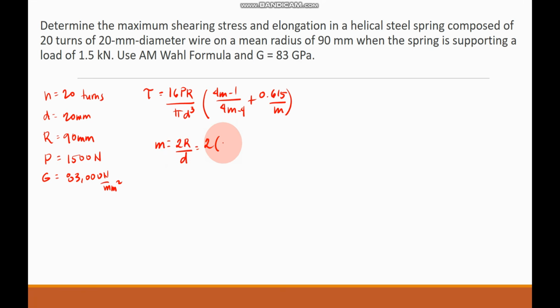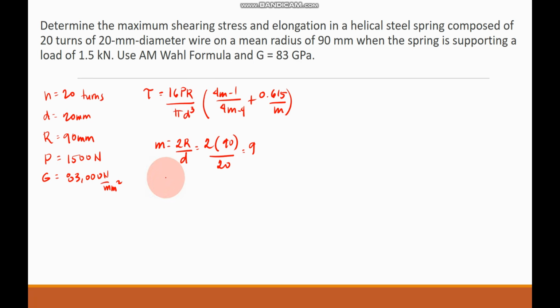So 2 times the mean radius, 90, all over 20. So it is equal to 9. So substitute lang natin yung value ng m with 9.